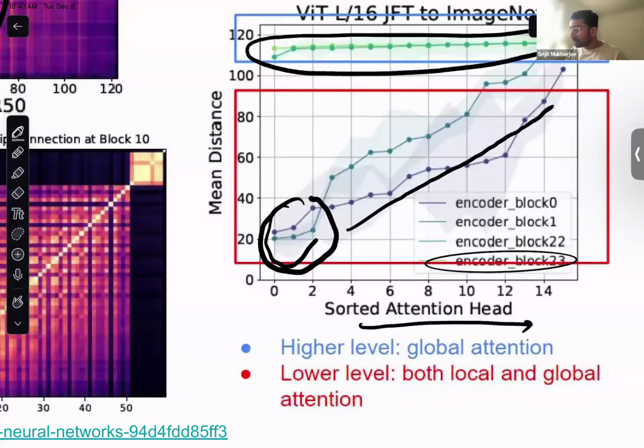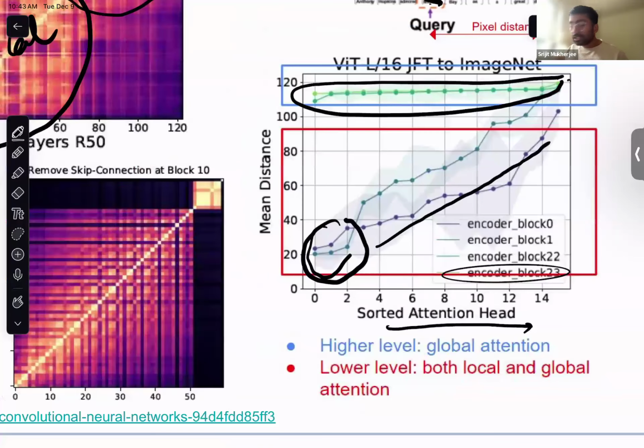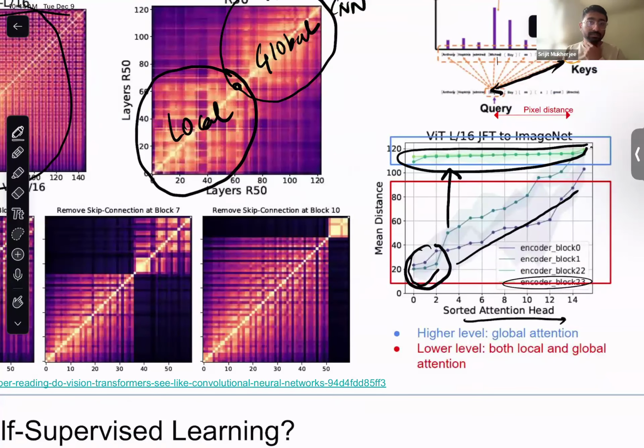It increases with the number of attention heads, and then finally, it's global here. So this transition happens. Does it make sense, guys? Any questions?